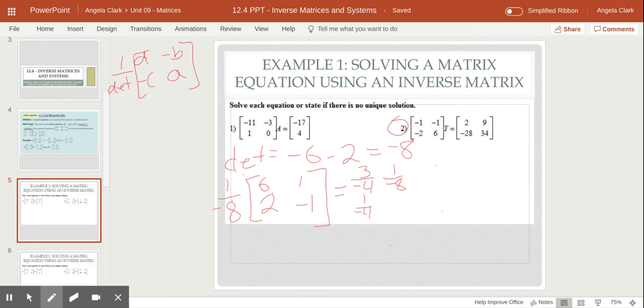Negative 1 times 1 over negative 8 is positive 1 over 8. So this is my inverse. So I'm going to multiply this times this.